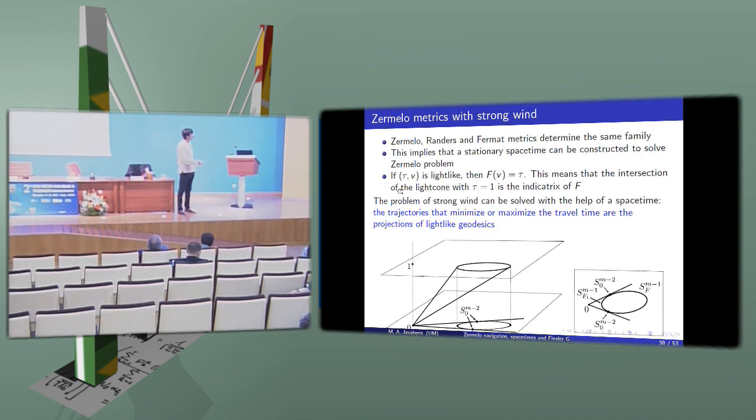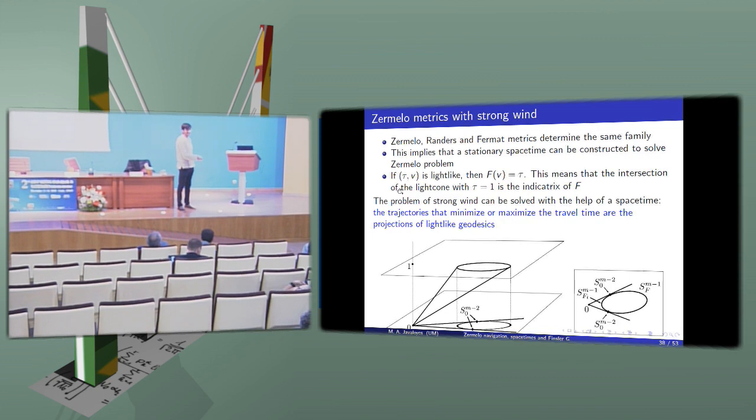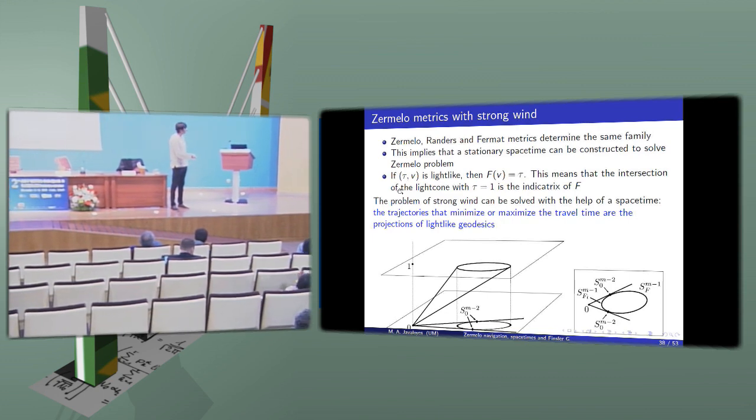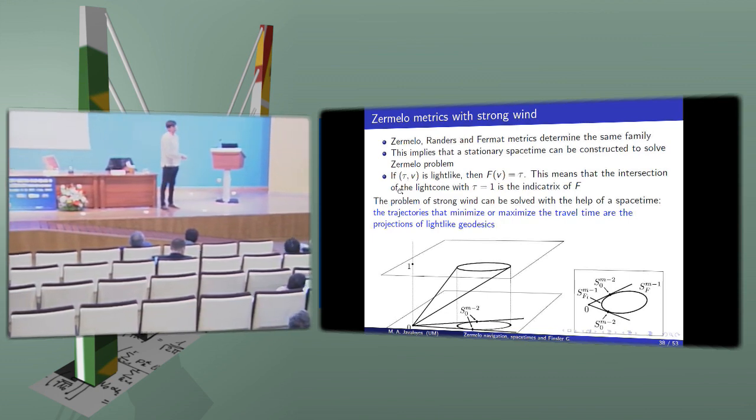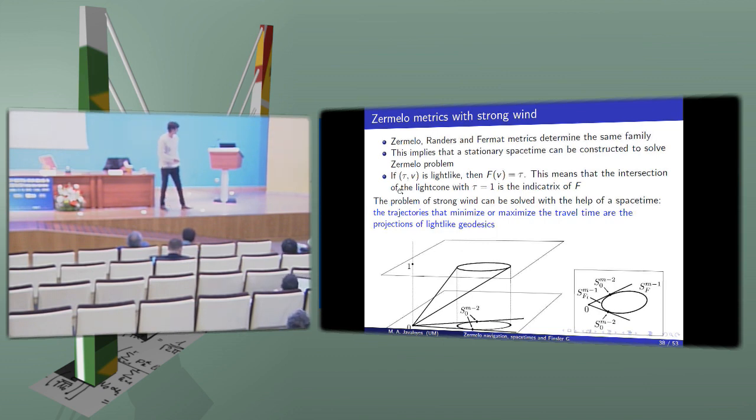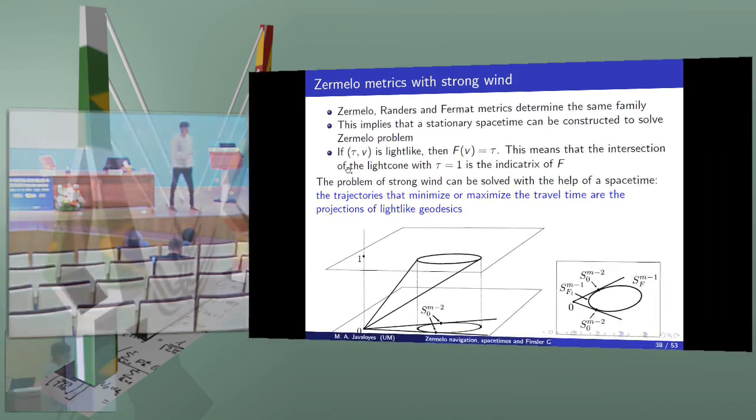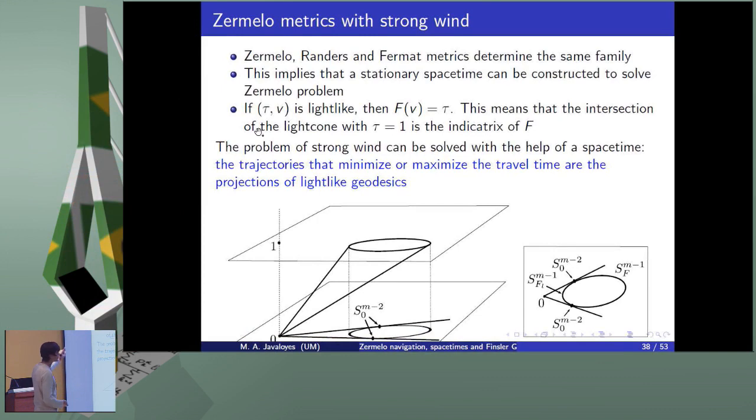So this is the light-like cone of the space-time. When you make the intersection with t equal 1, you obtain the indicatrix of the Fermat metric, which is, of course, the translation of a sphere. But if you want to study the case of a strong wind, it is much more convenient to use the space-time.